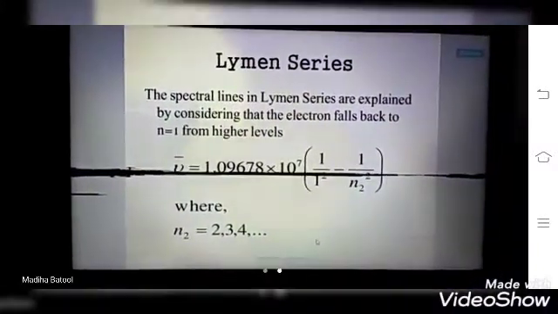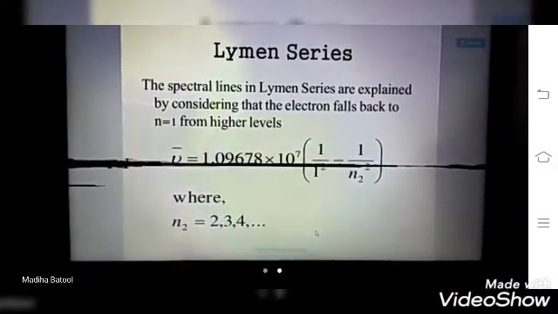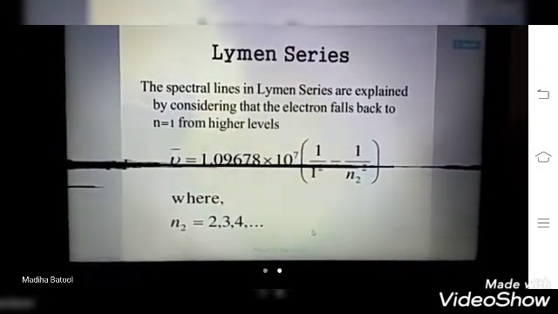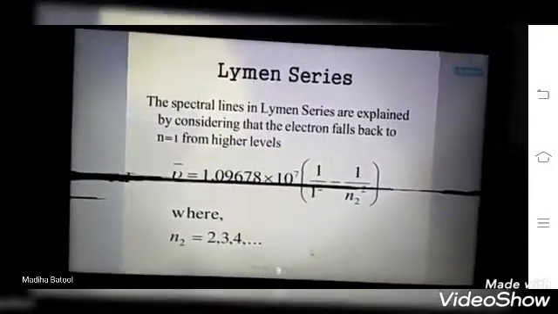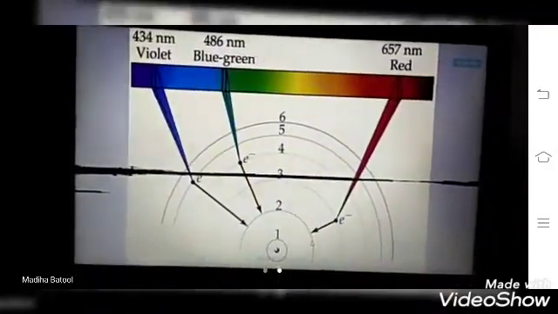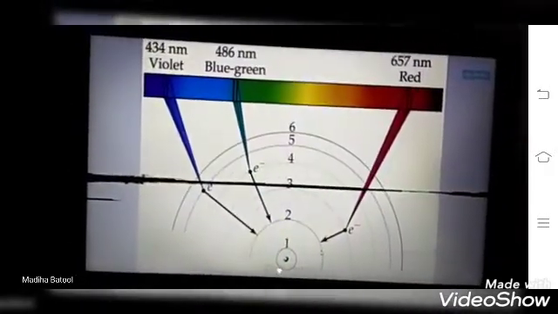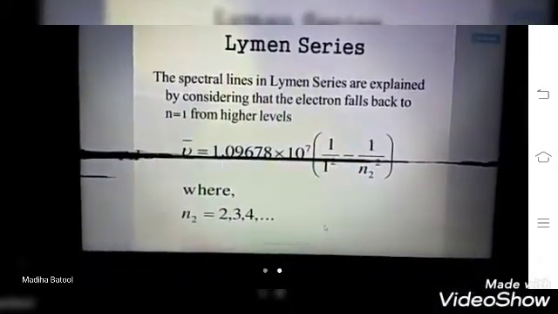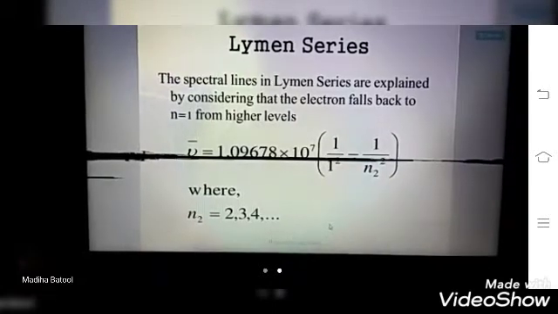Here is the Lyman series, spectral lines in the Lyman series, which explains that the electron falls back to n equal to 1, and 1 means the first energy level, as you can see in the previous slide, and the first is nearest to the nucleus. This is the first level, and higher levels are basically n1, n2, and n3.